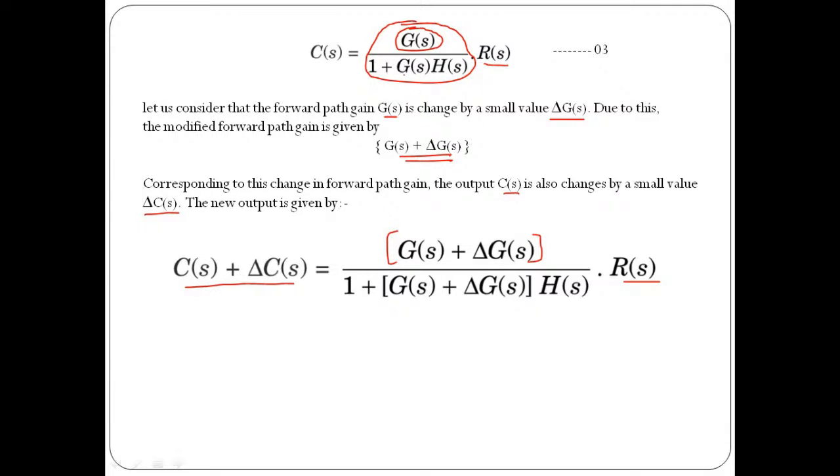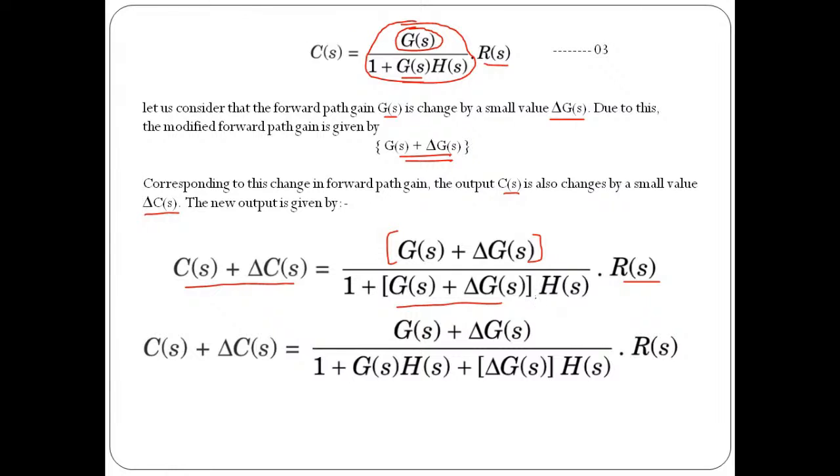In the same way, in 1 plus G(s), we write G(s) plus delta G(s). The rest is as it is. If you solve this further, you will get this as an output.